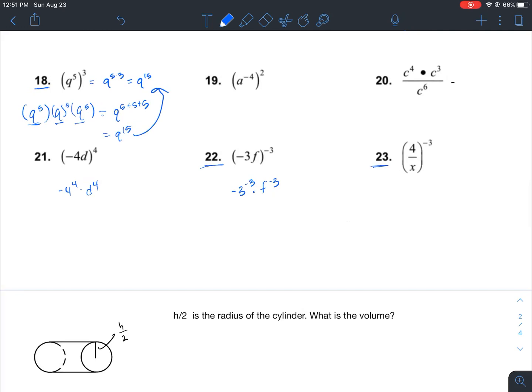We can see that in 23. We just have to find the power of the numerator and the denominator. So this is equal to 4 to the negative 3 divided by x to the negative 3. That's pretty much it.